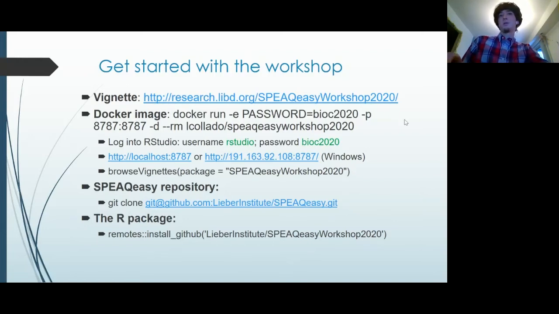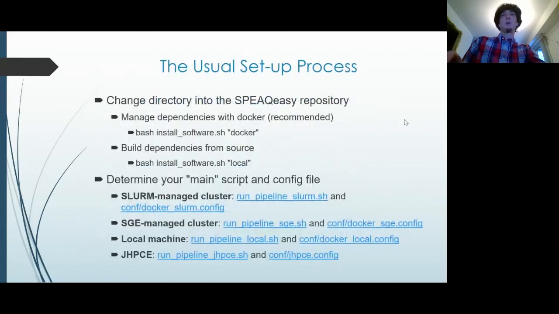While everyone gets started with that stuff, I can just talk about how, if you are trying to set up a pipeline normally, this isn't going to be required for the workshop because depending on the installation method you choose, it can take a while. But this is just to go into the details, just to get familiar with them.